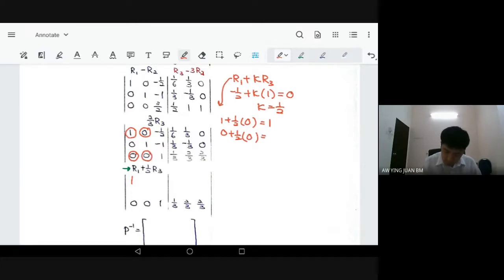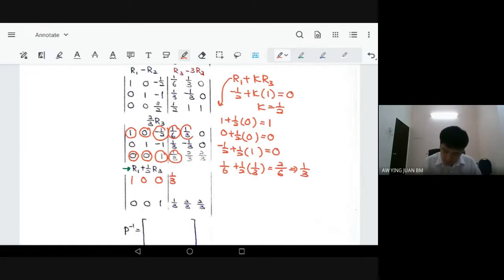So the answer is 0. Continue. R1, negative 1 over 2 plus 1 over 2 multiply with R3, where we have 0. Continue. 1 over 6 plus 1 over 2 multiply with R3. So here we have 1 over 3. So the answer will be 2 over 6, which is 1 over 3.